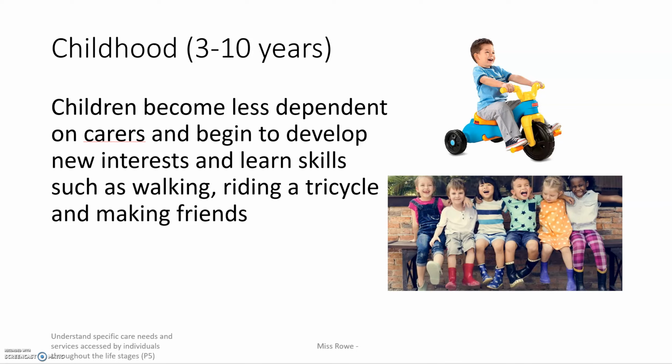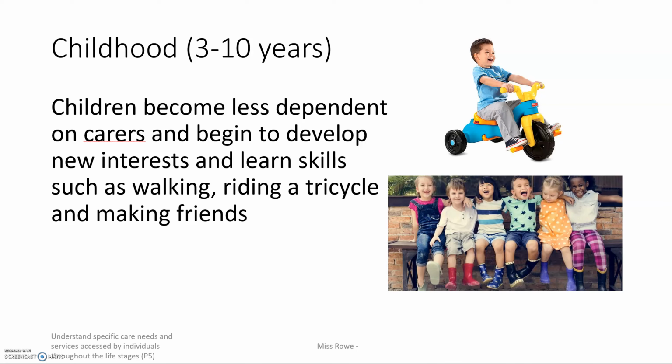They still need that, even though they're beginning to develop their own skills. They still need exercise, rest and sleep, and the opportunity to play and learn during the day, and opportunities to develop new skills.